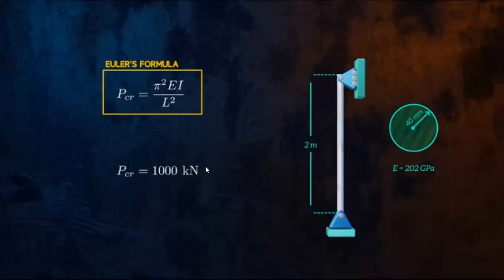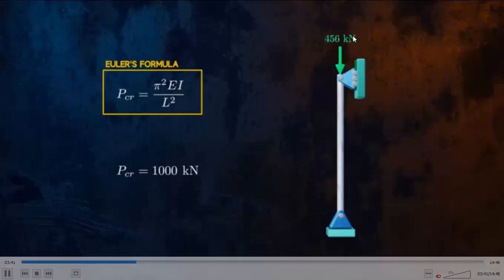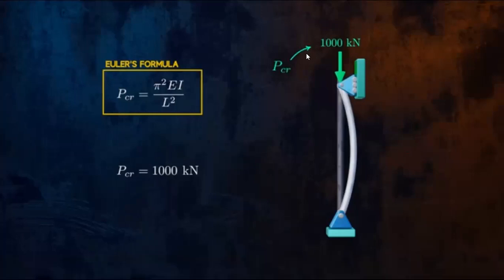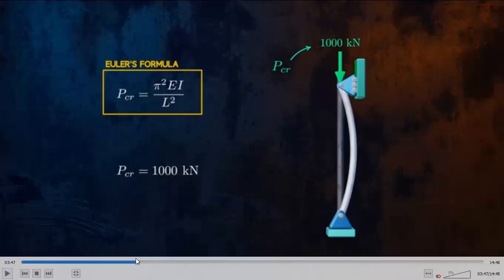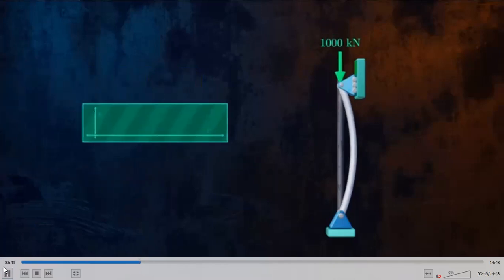This is the Euler assumption: the load acts along the centroid. When it is increased up to 1,000, suddenly it will buckle. Until then, no deformation is observed.